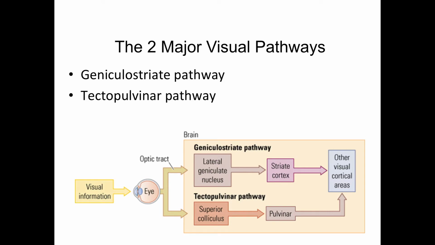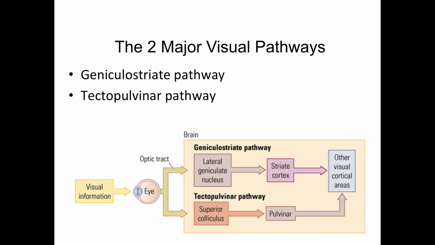What I wanted to say is that a lot of sensory systems pass through the thalamus before they go to the primary cortex. But we'll cover that at the end, and we'll do a little recap of that at the end of the chapter.